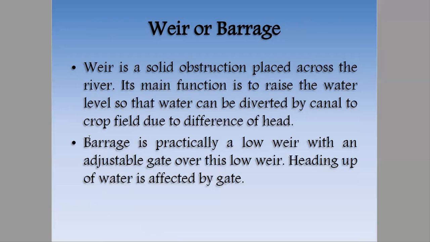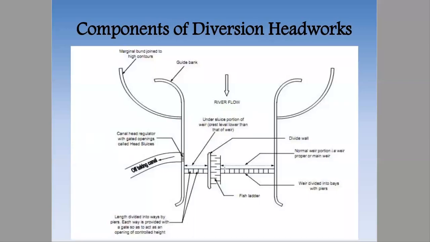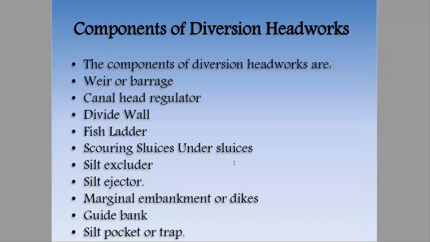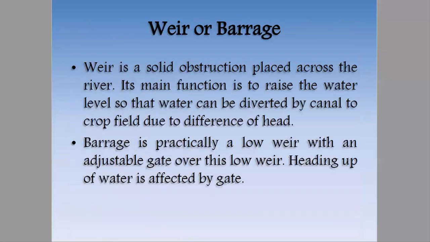But weir doesn't have gates, so its storage capacity is fixed and cannot be changed, and it cannot allow water to pass if the water level is below that structure. So this is the main difference between weir and barrage: barrage has gates that can adjust the flow.